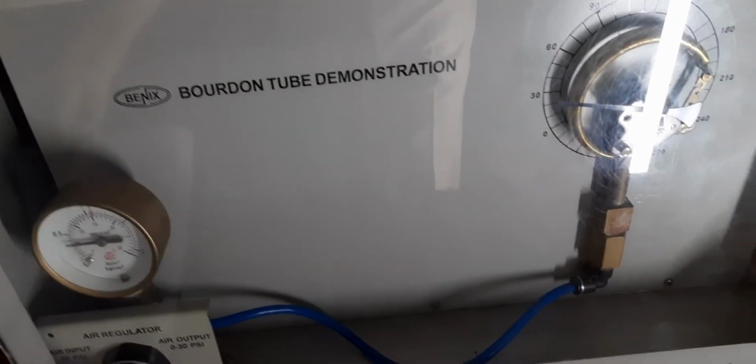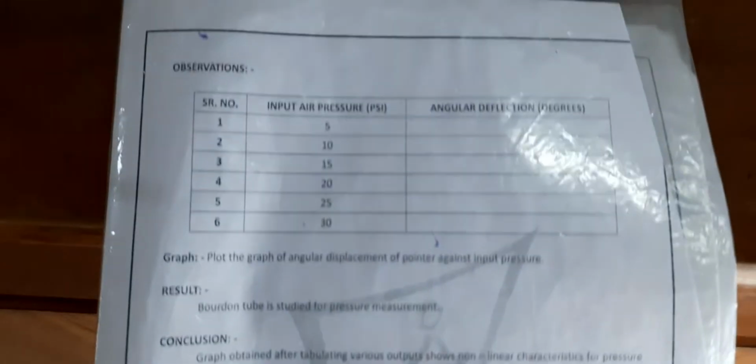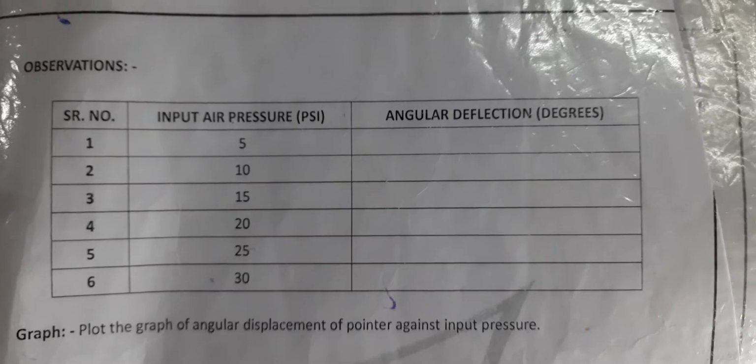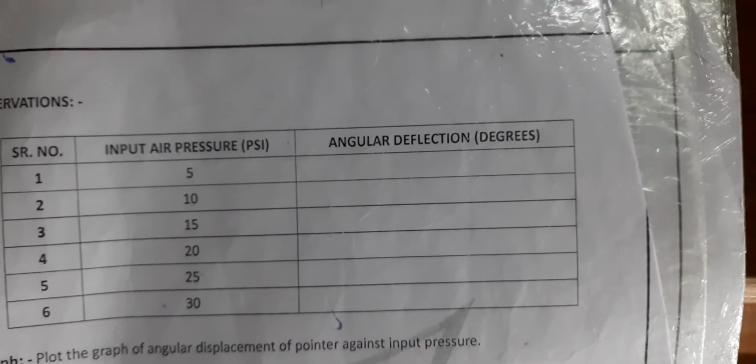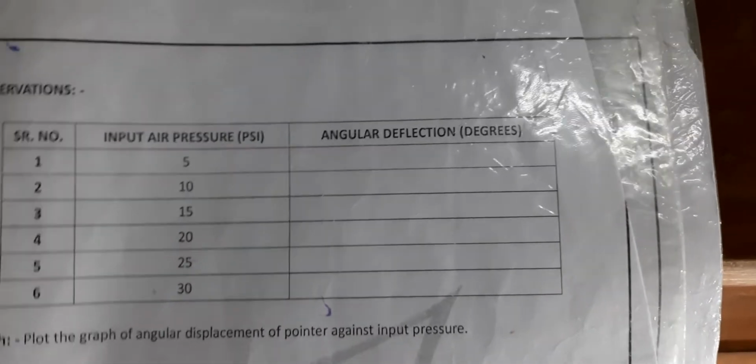Okay, so the angular deflection in degrees is 35. So you can see here a table, the observation table. So the input air pressure we have to set with the help of that controller knob, and the angular deflection in degrees we will measure from the Bourdon tube.